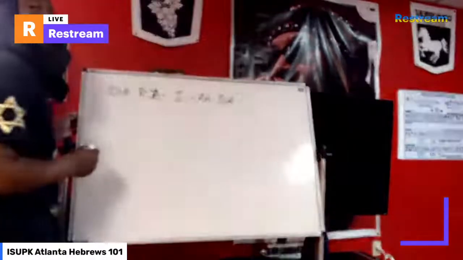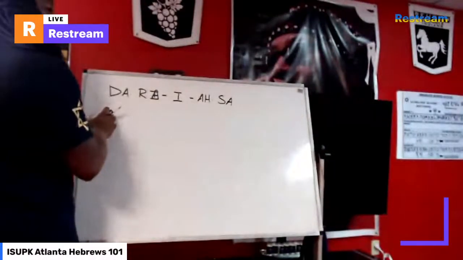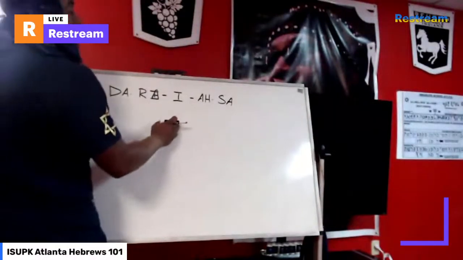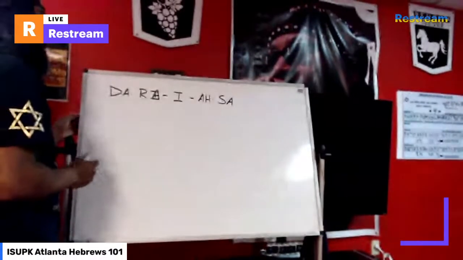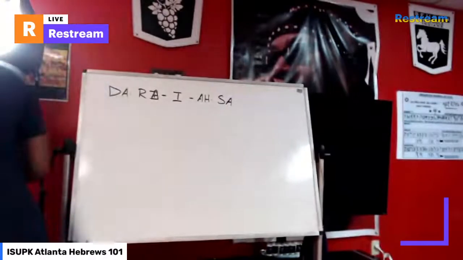Okay, so now we have the characters da, ra, I, and sa.